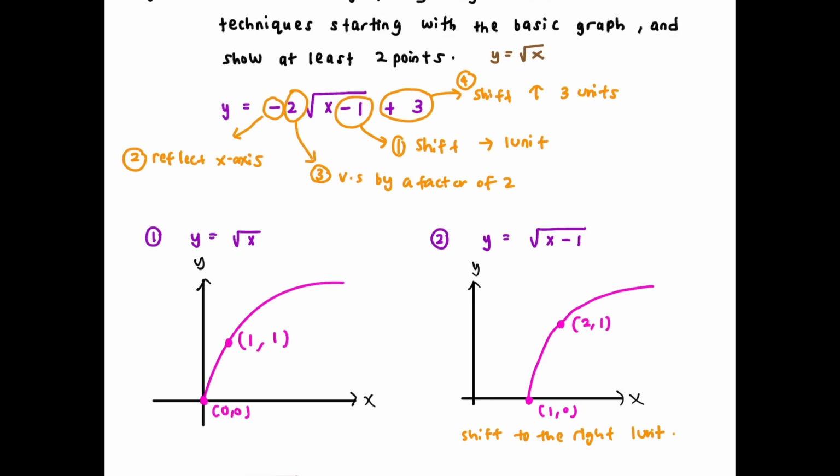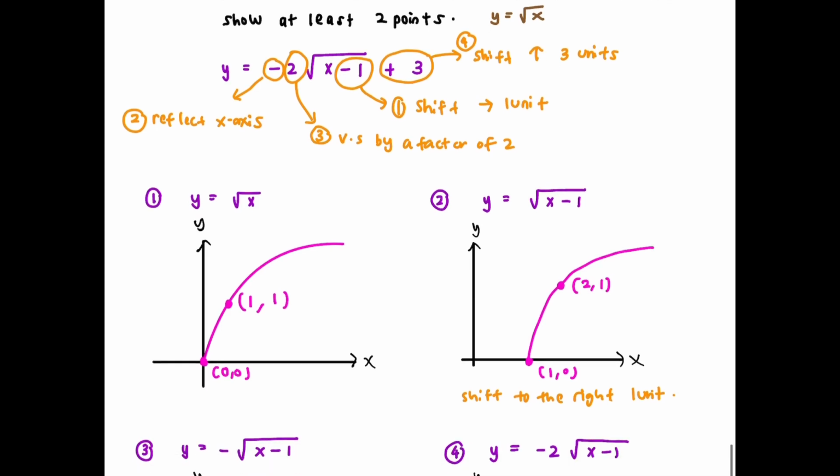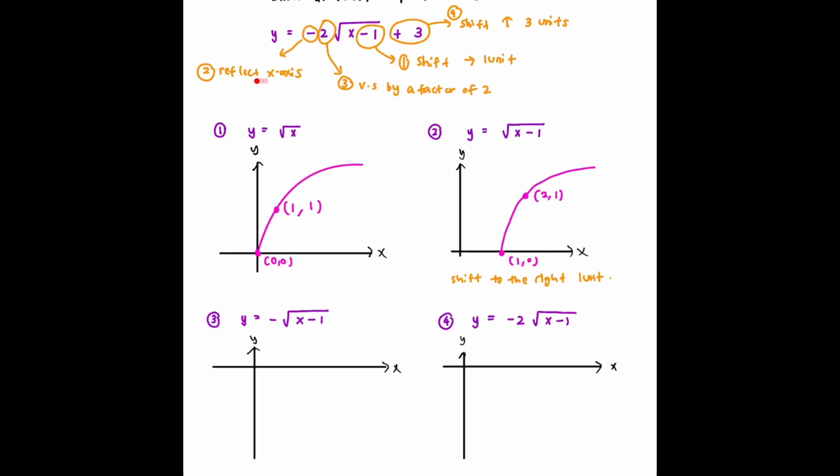Okay. Then the next graph will be your second step, which is reflect x-axis. So reflect x, only add on the negative symbol in front of square root of x minus 1. So the previous graph is this one. If you reflect about x-axis, so the new graph will be here.